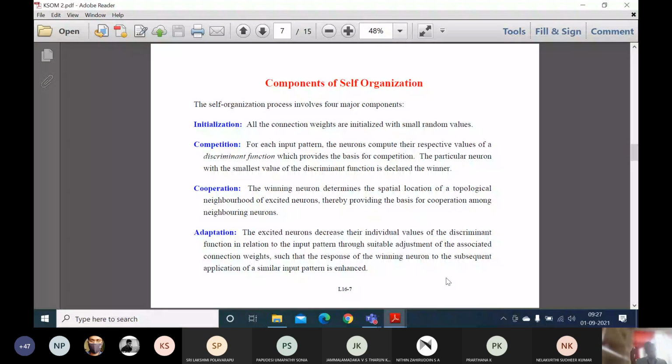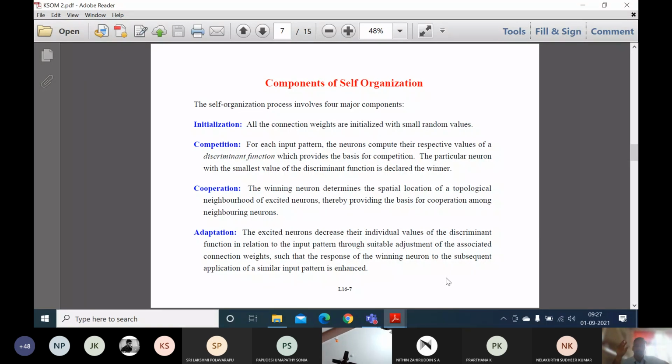So it computes some value, and it took place in the firing process, and it tries to take part in the competitive learning process.